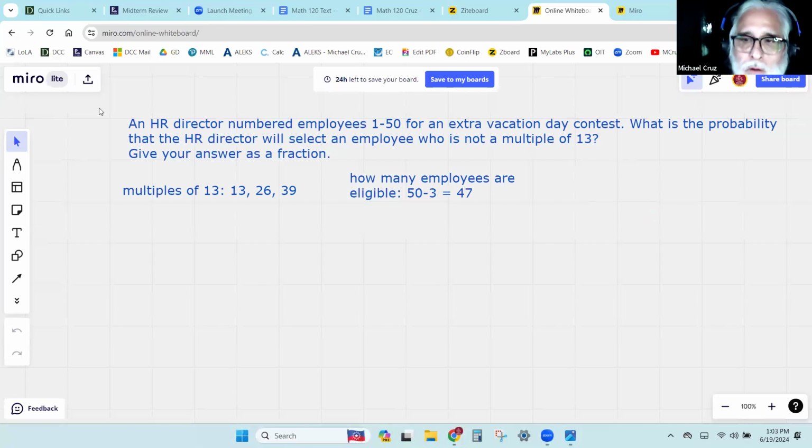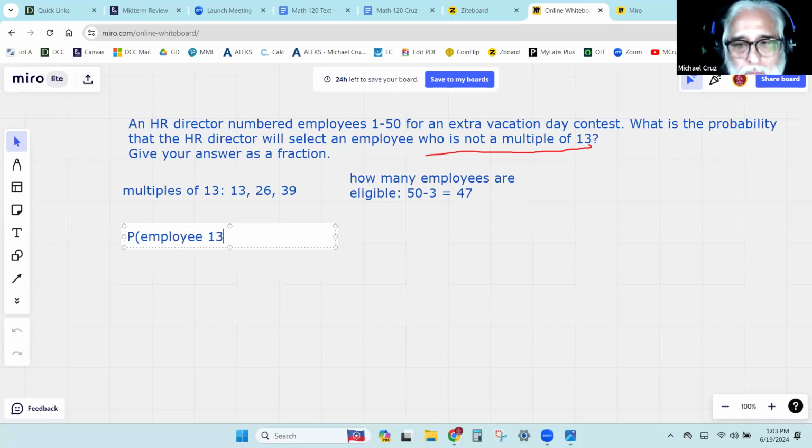All right. So it's asking for essentially a complement. So what we've got to do is the probability of employee not 13, well, 13 is 3 over 50.